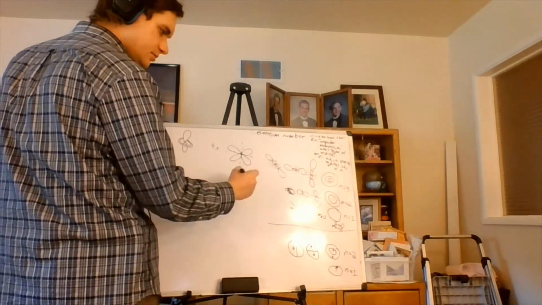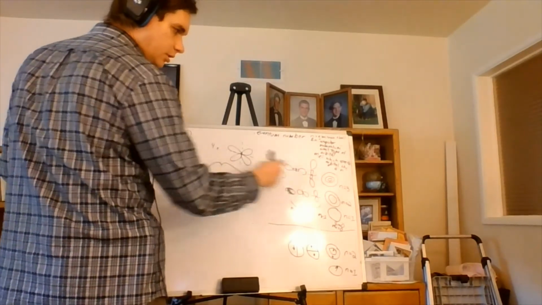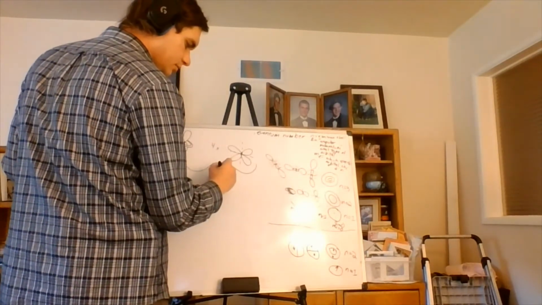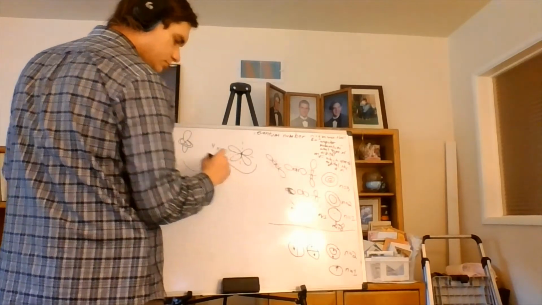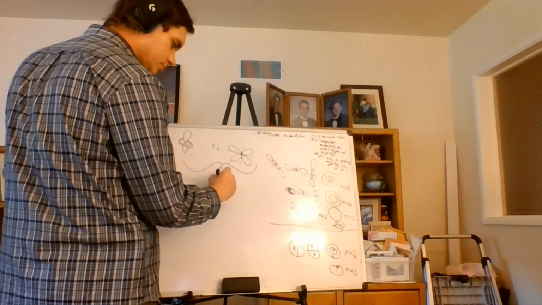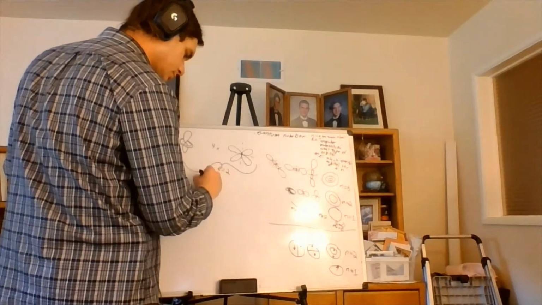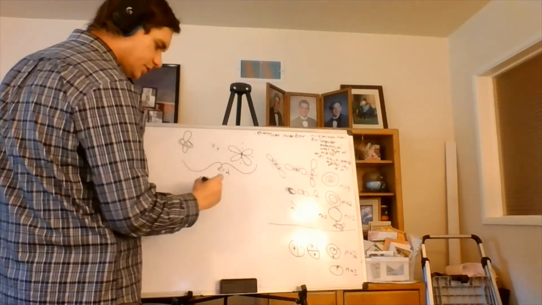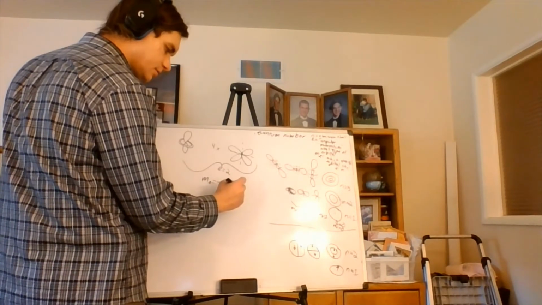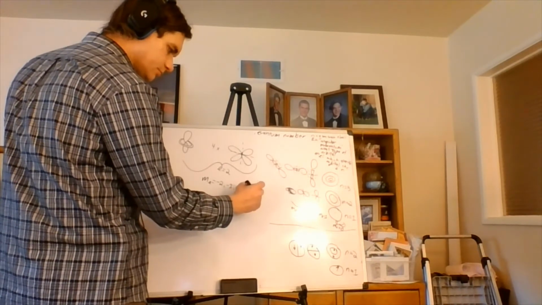So these are n equals 3, L equals 2, and then m sub L could equal -2, -1, 0, 1, or 2.